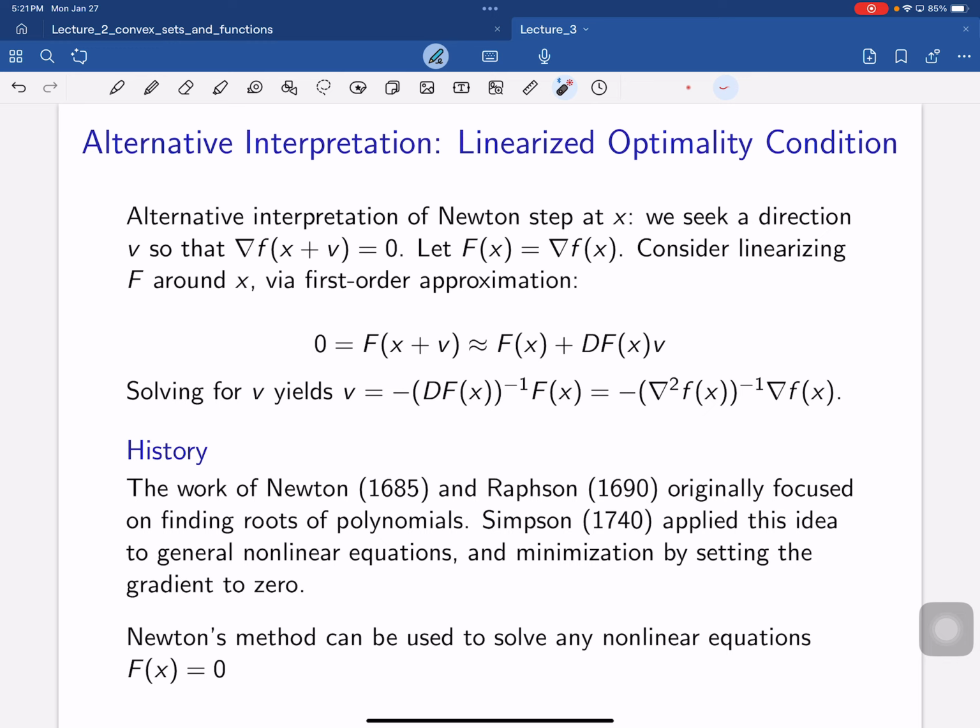Maybe at the current point the gradient doesn't equal 0. Then we want to find a direction v such that the gradient at x plus v equals 0. So what is this expression here? This expression has n equations and n unknowns.